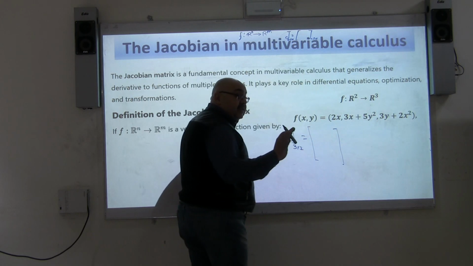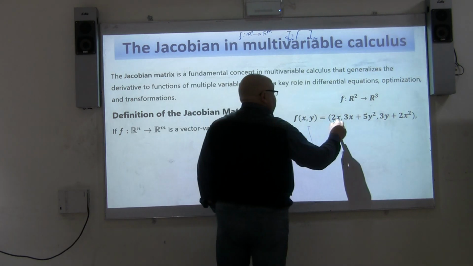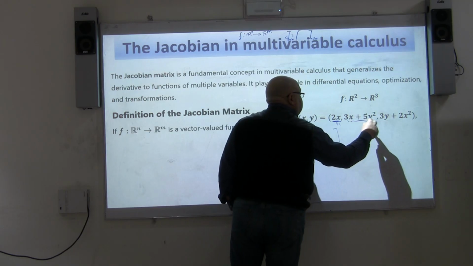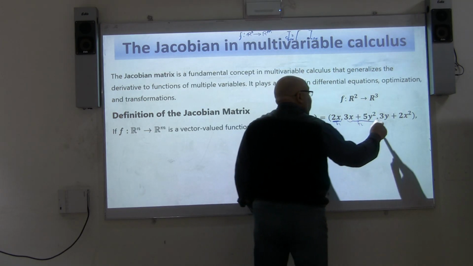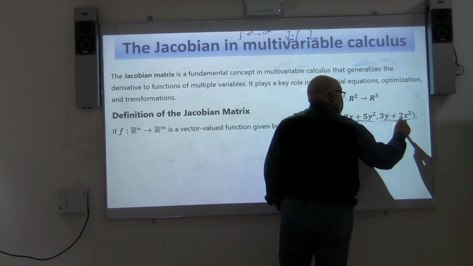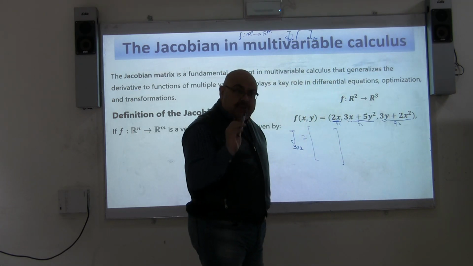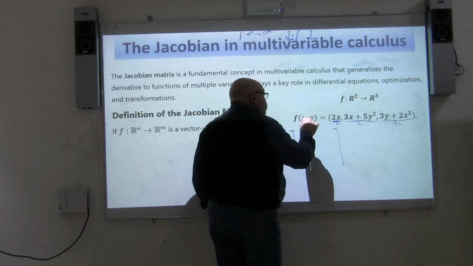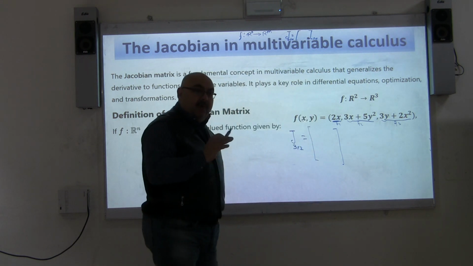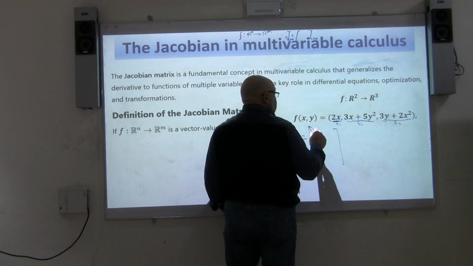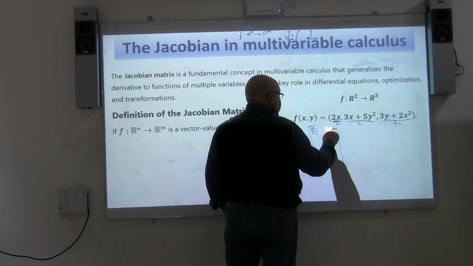I will take the first function, that's the first function, I will call it F1. That's the second function, I will call it F2. And that's the third component, I will call it F3. Each one of them will be differentiated with respect to the input. So I will take the first function and differentiate with respect to x and with respect to y. So it's partial F1 partial x, then partial F1 partial y.